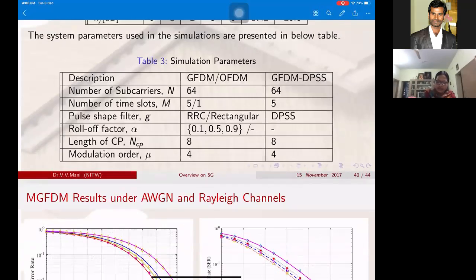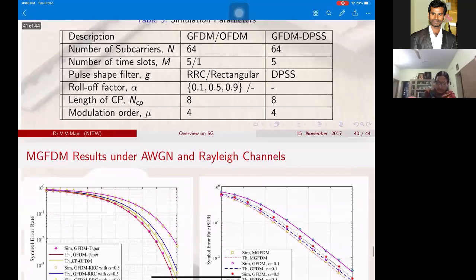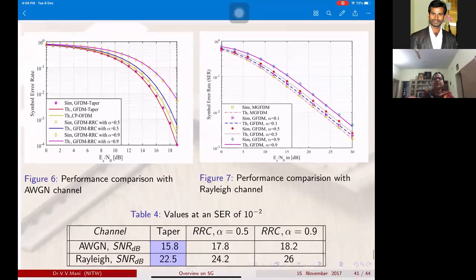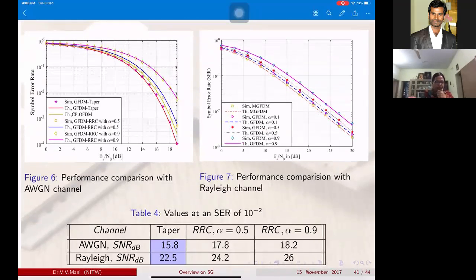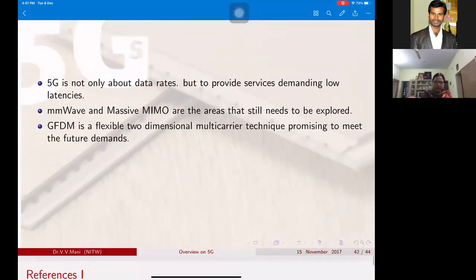For GFDM and OFDM the parameters are the same; for GFDM DPSS the parameters are slightly changed, that is, the DPSS filter bank is used, and we obtained different results for GFDM. If you look at this GFDM taper, the simulations and the theoretical values match one to one. So this is about GFDM.